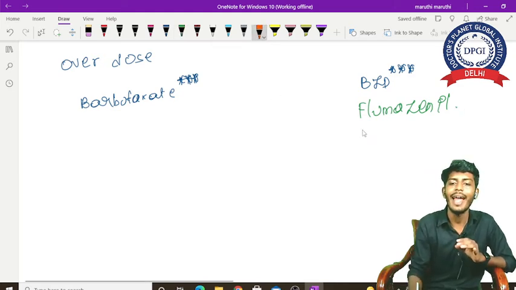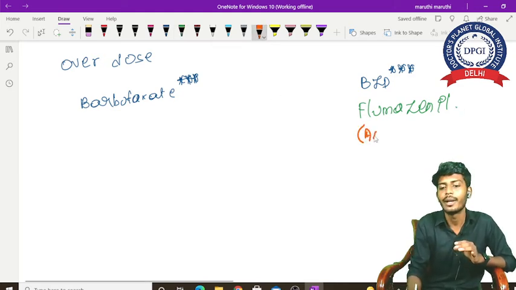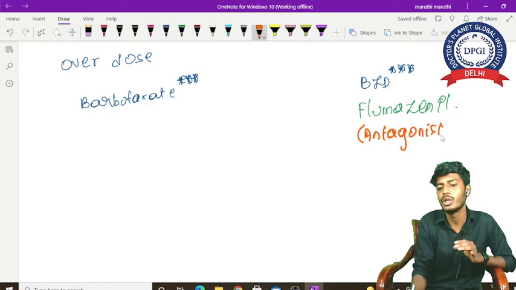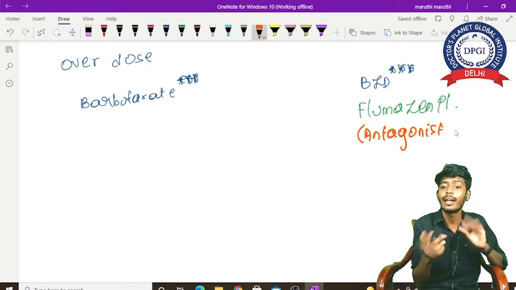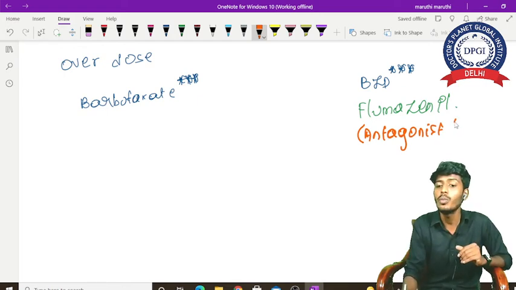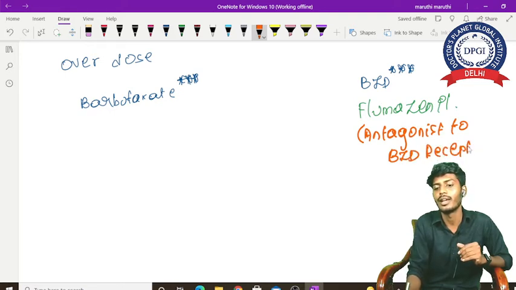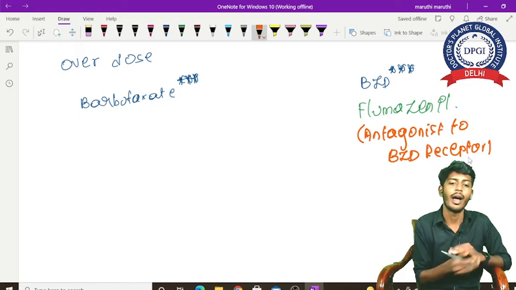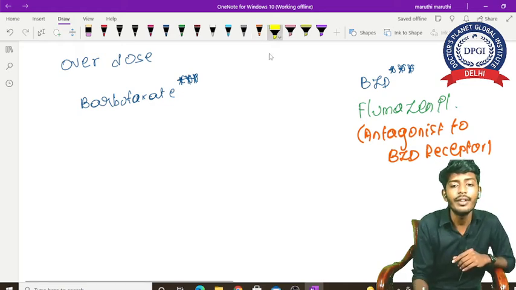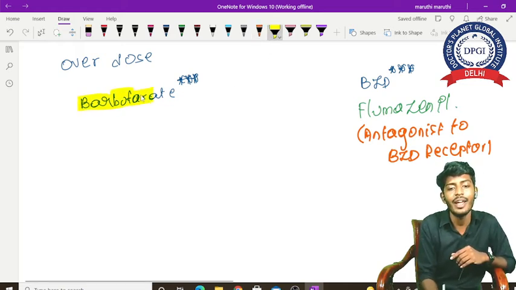Basically, it has an antagonist property, and antagonist means no intrinsic activity, to the BZD receptor, the benzodiazepine receptor. That's why it is considered an antidote. But barbiturates are not treated in the same fashion. Why?